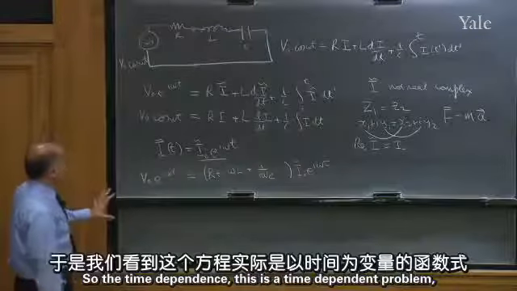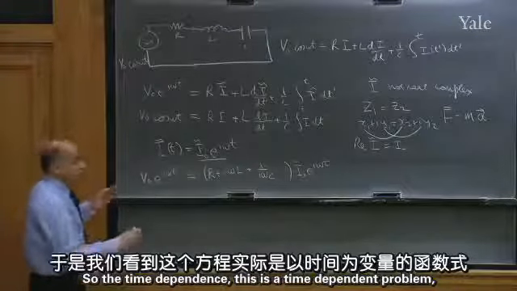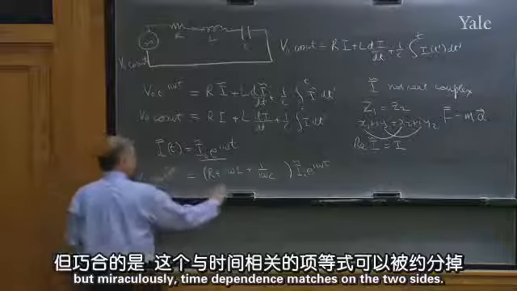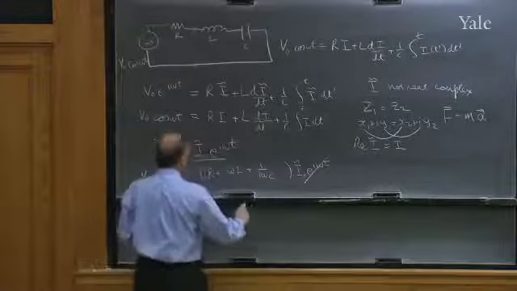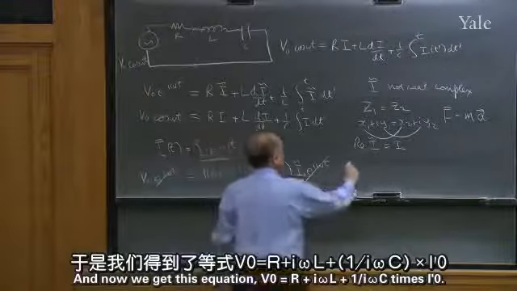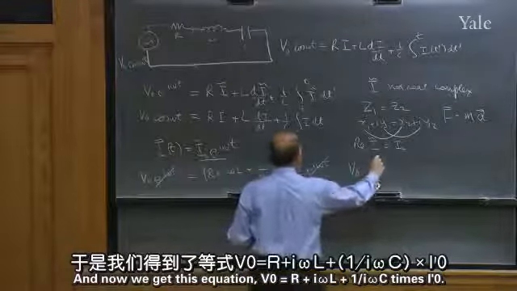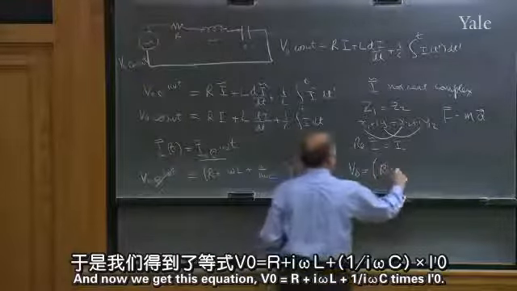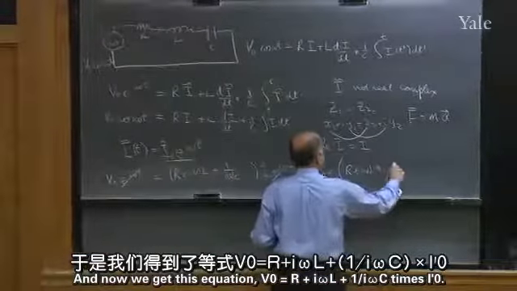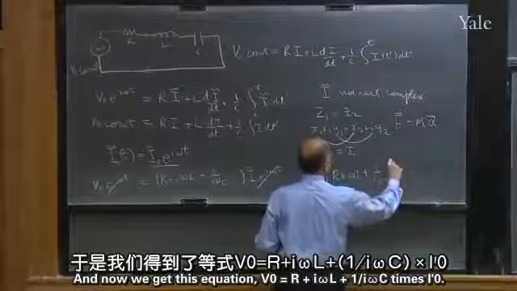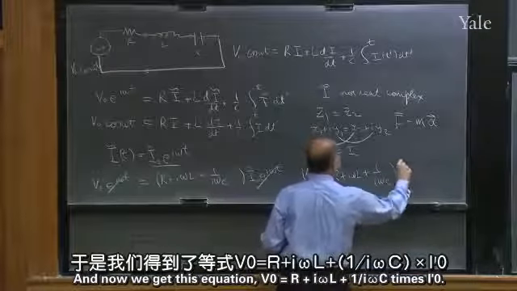So this is a time-dependent problem, but miraculously, the time dependence matches on the two sides. And now we get this equation, v0 equals r plus I omega L plus 1 over I omega c times I0 twiddle.